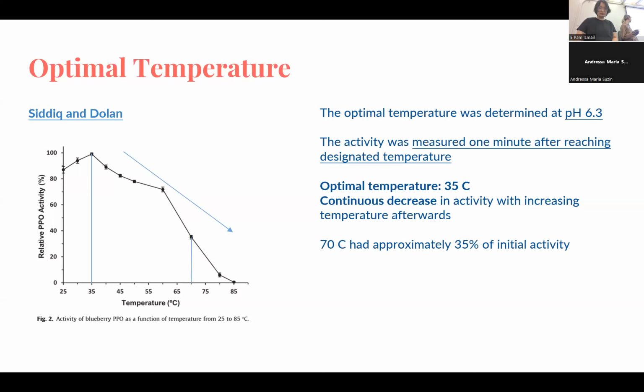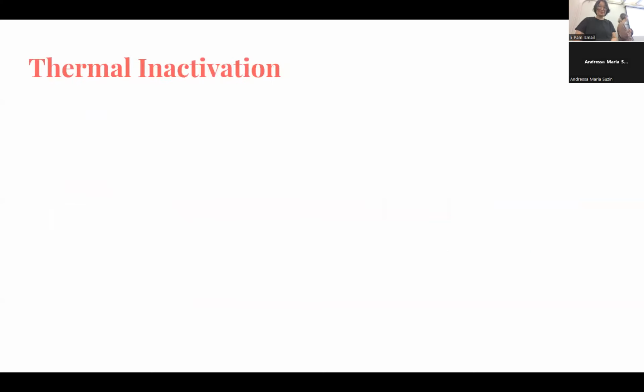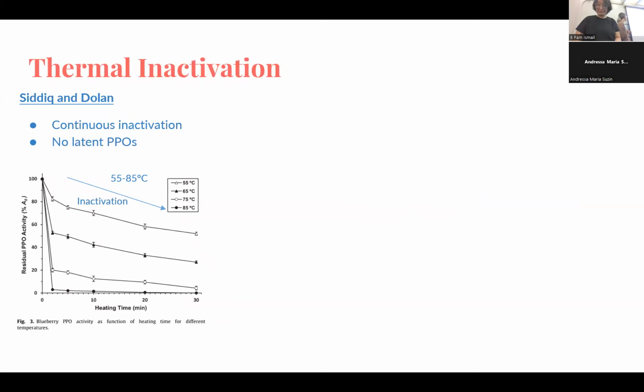For example, at 70 degrees Celsius, it had 35% of initial activity. For inactivation, they saw continuous inactivation at temperatures of 55 to 85 degrees Celsius. So they didn't have any latent polyphenol oxidases, which we'll talk about more soon.